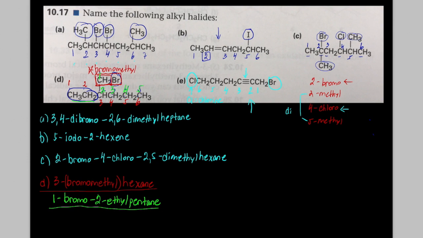So the name of this would be 1-bromo, and B comes before C, 6-chloro, and we could name that 2-hexyne. Okay, so that's 1, 2, 3, 4, 5, 6. So that's how I would name that one there.